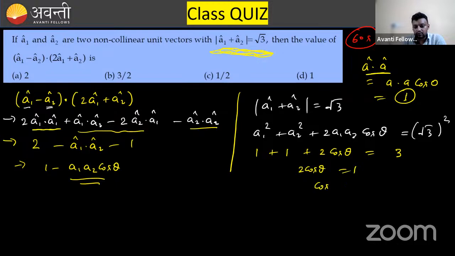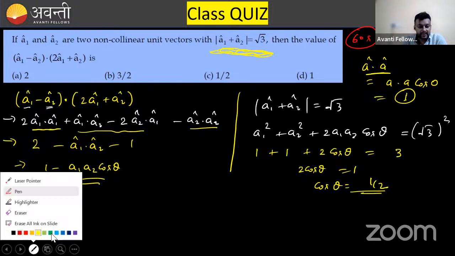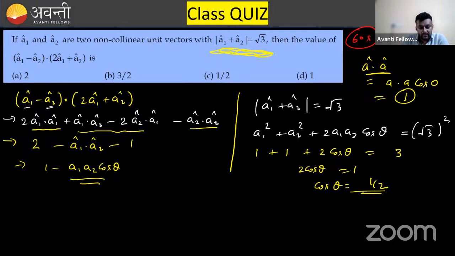Cos theta is equal to 1 by 2. Now put this value of cos theta here, and what you get will be your answer. It will be 1 minus, A1 is a unit vector so 1, into cos theta, which is 1 by 2. So it is 1 minus 1 by 2, that is 1 by 2 is your answer.